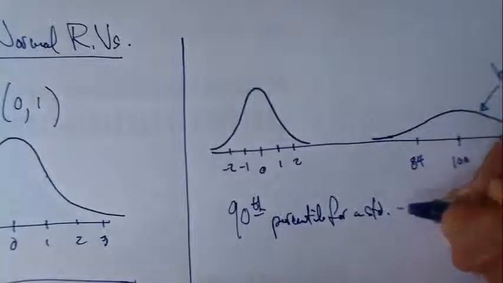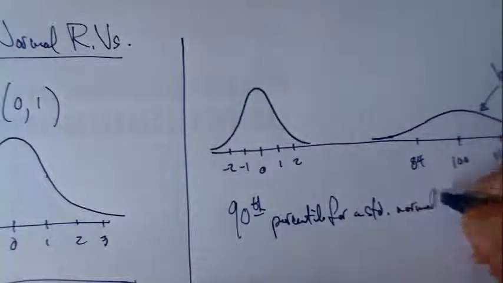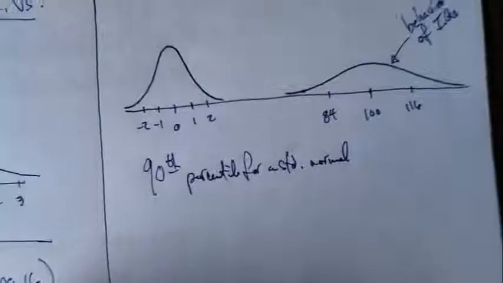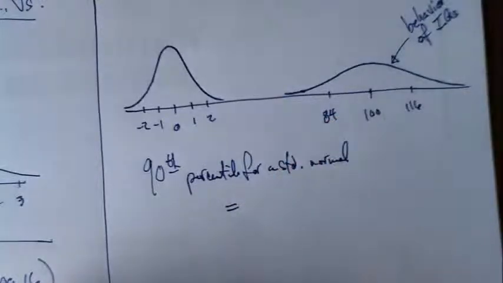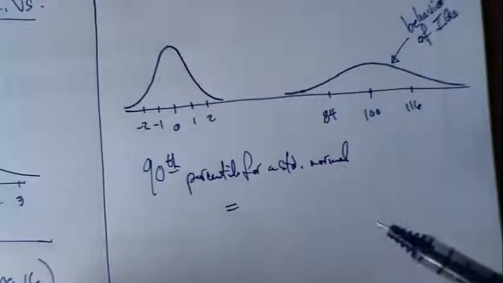Well, actually, I don't know how to do that either. I really don't know how to do anything. I can use the table in the back of the book. I could find 90% down in the body of the table, depending on how the table is written, and then find the mark on the outskirts in the margin of the table that corresponds to it.